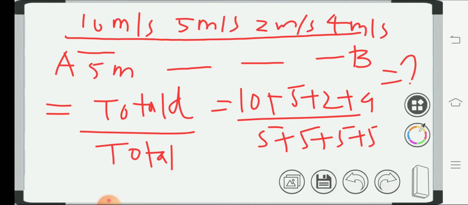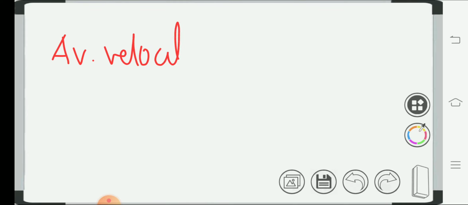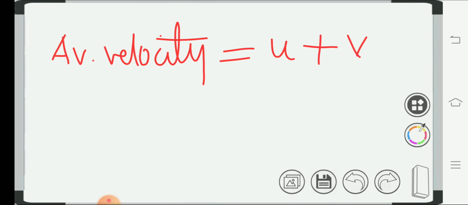That is the formula for finding average speed: total distance upon total time taken. And average velocity we find by the formula equal to u, the initial velocity, plus final velocity upon 2, the average of initial and final velocity.